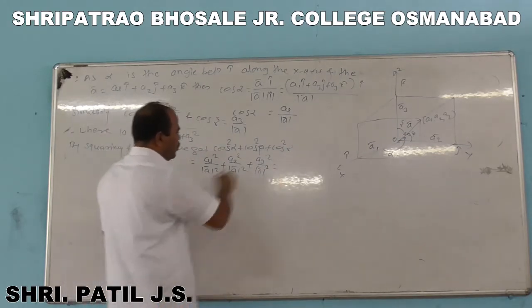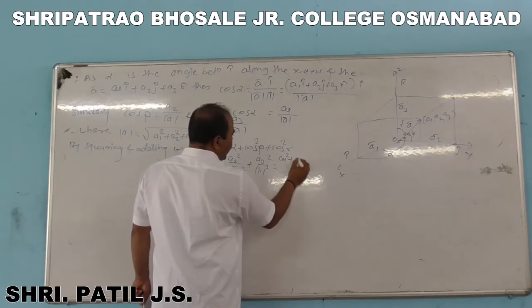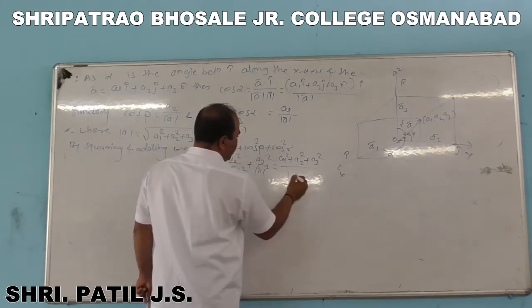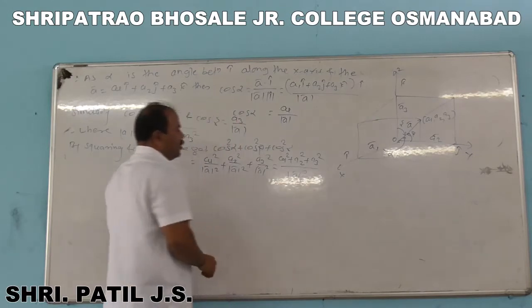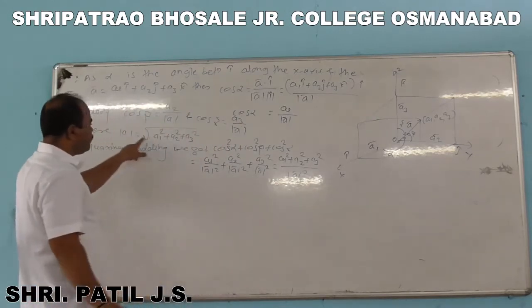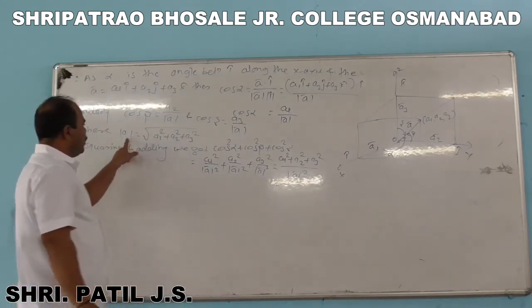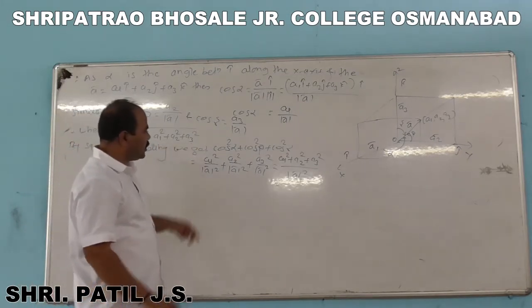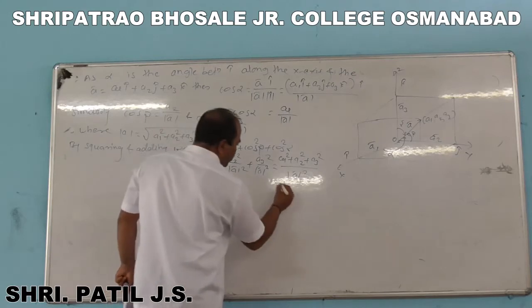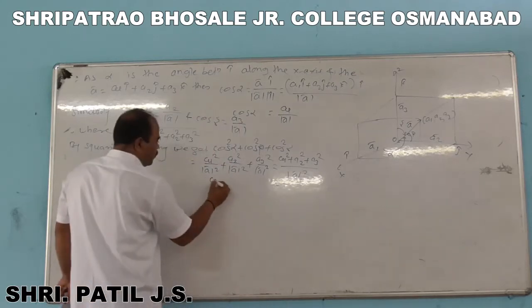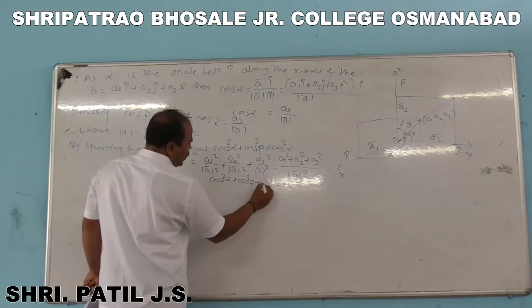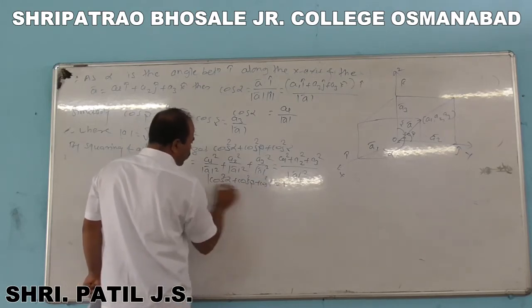Denominator is same, because of addition, A1 square plus A2 square plus A3 square divided by mod of A square. Mod A means square root of A1 square plus A2 square plus A3 square. This will cancel. This is equal to 1. Hence, cos square alpha plus cos square beta plus cos square gamma equal to 1.